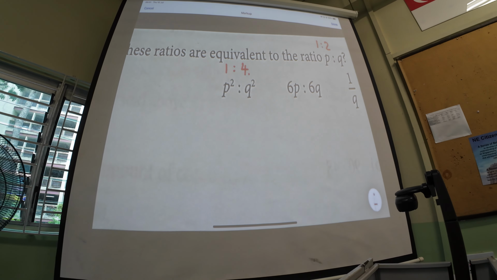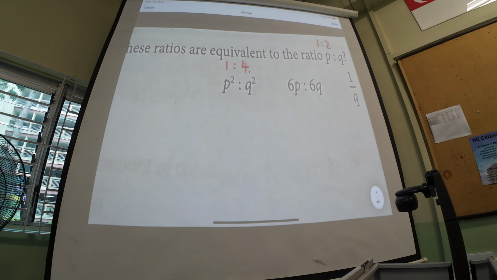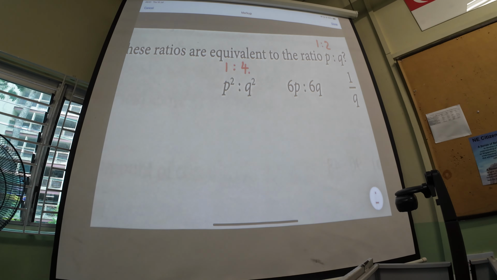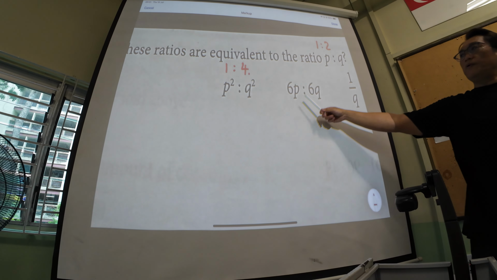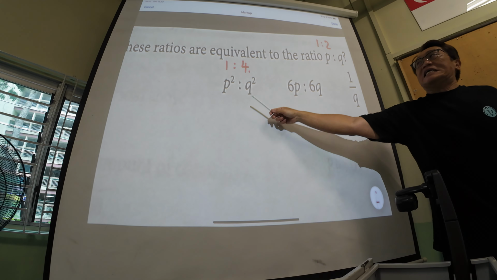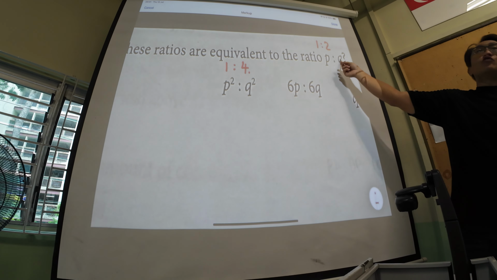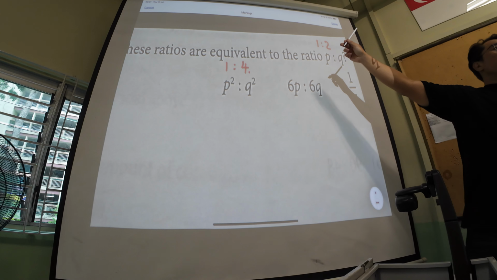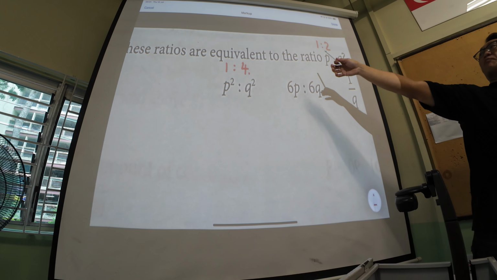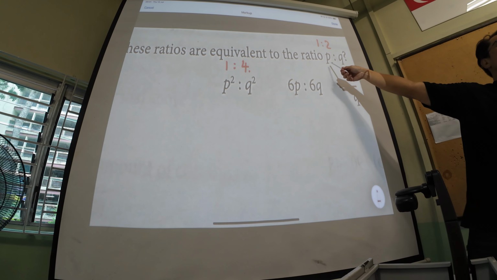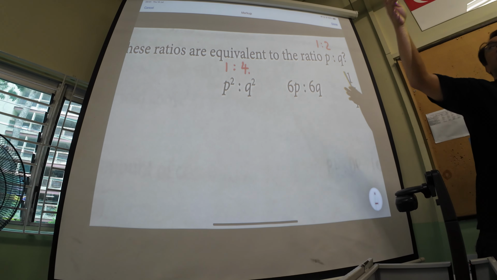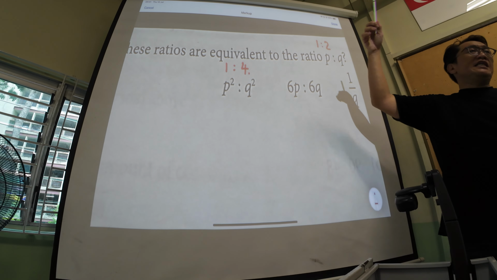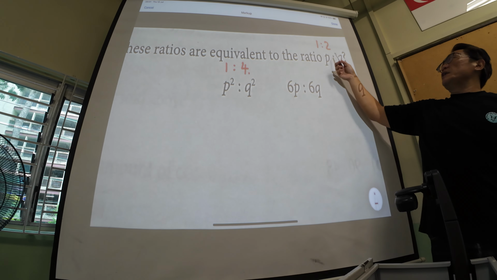Okay, so from P is to Q, they are asking you if P square is to Q square is an equivalent ratio to P is to Q. So if you cannot decide, you don't know what is happening, P is to Q, instead of P is to Q, you think of some numbers to substitute. Easiest numbers, let's say 1 is to 2.